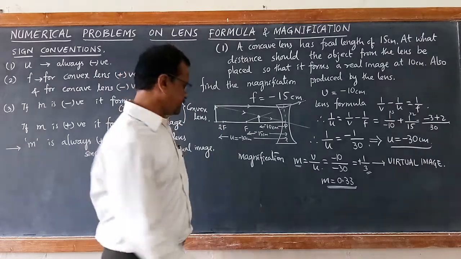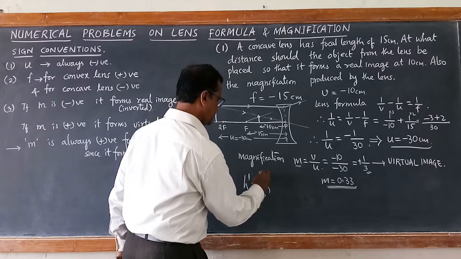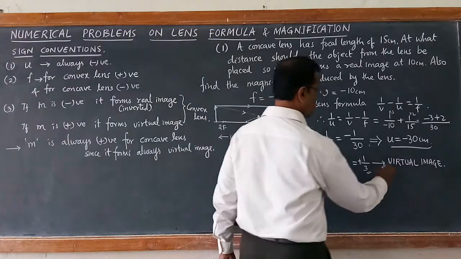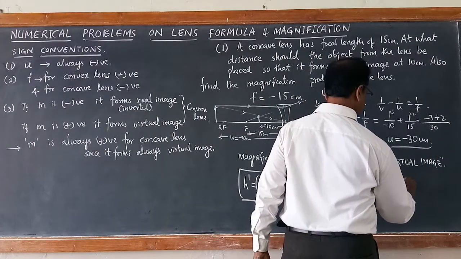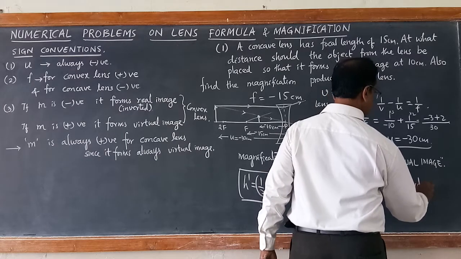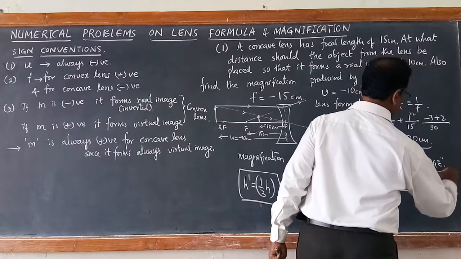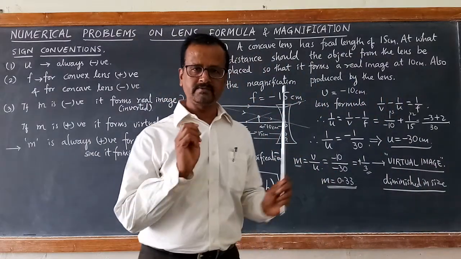Means the height of the image, H dash, is 1/3 of H. Definitely it is a diminished virtual image, diminished in size. So this is giving you the nature of image. Magnification, and finally we got the nature of the image also.